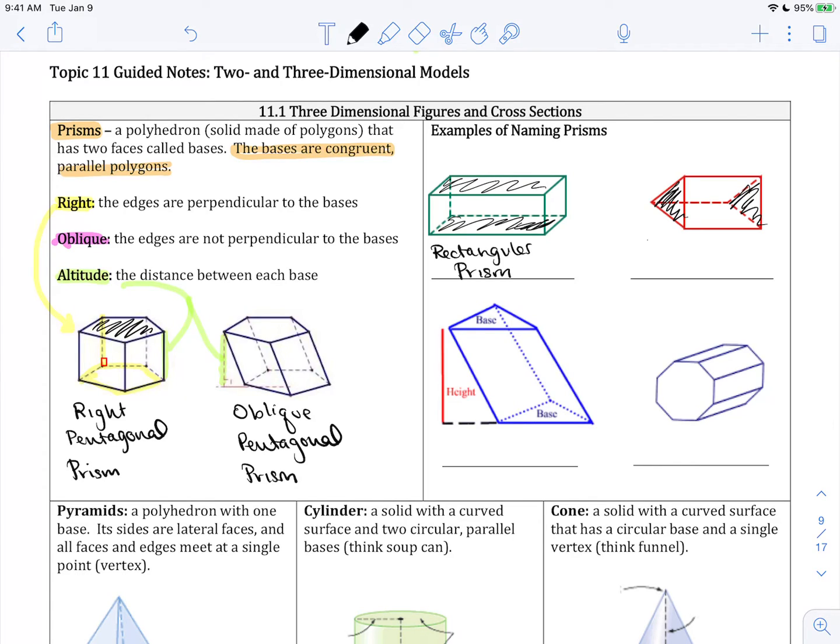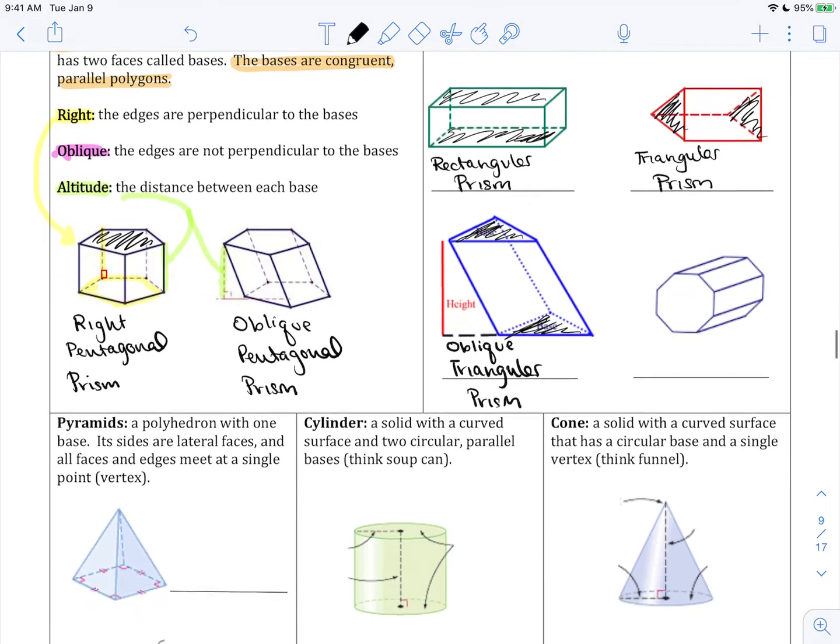So this is a triangular prism. This blue one's nice. It names the base, so we don't really even have to guess, right? And these are the shapes of triangles. So this is also a triangular prism, but notice that height is outside here, and it's not perpendicular to the base. So this is an oblique triangular prism.